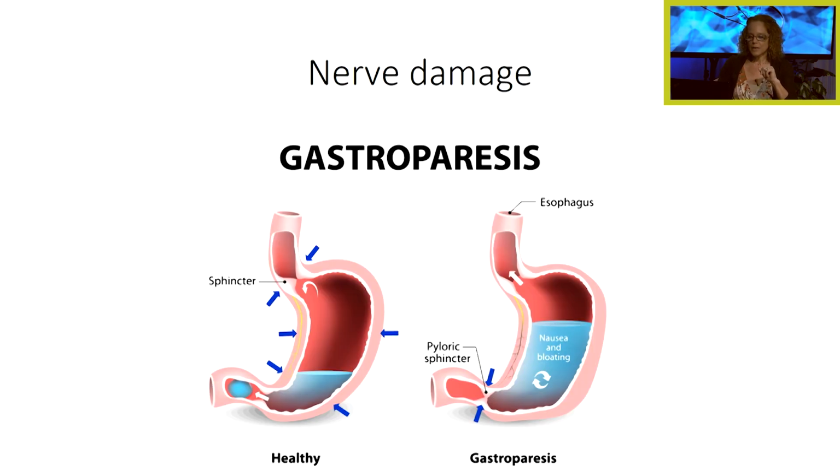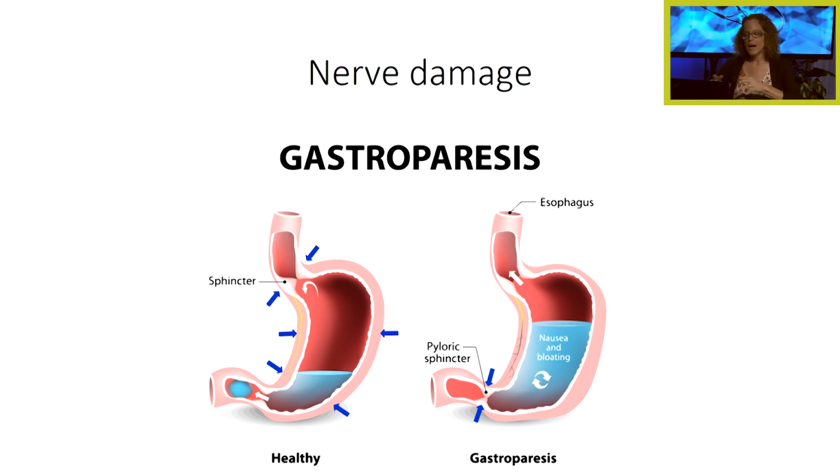The other thing that can happen, there are many, many ways that this neuropathy can affect the body. But another thing that can happen is called gastroparesis. And what gastroparesis is, is when there are problems with our sphincters working, okay, and they are closed, okay?